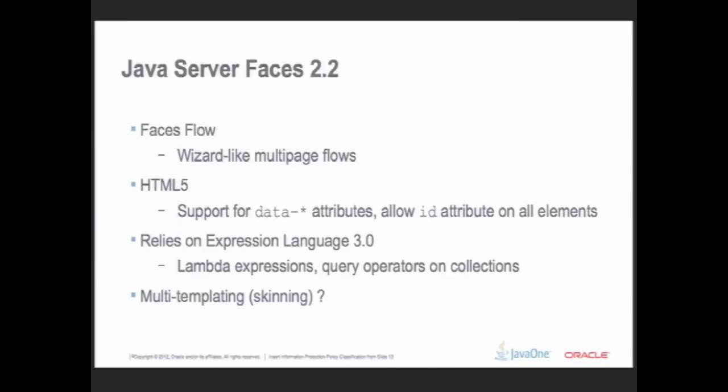JSF 2.2 relies on the new Expression Language 3.0, which is actually a separate spec, but for the purposes of this slide, I think it's quite tied to JSF, so let's mention it in this context. It contains support for lambda expressions and operators on collections that can act as queries on objects in collections. And there is a feature that I heard about called multi-templating, but I'm not actually sure whether that's in JSF 2.2 or whether it was left out. Basically that's support for skinning and having multiple skins for a component.